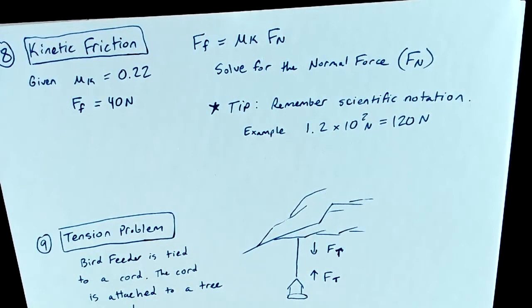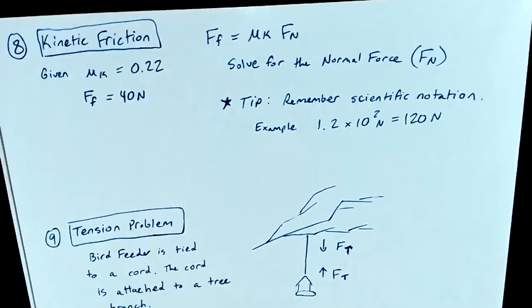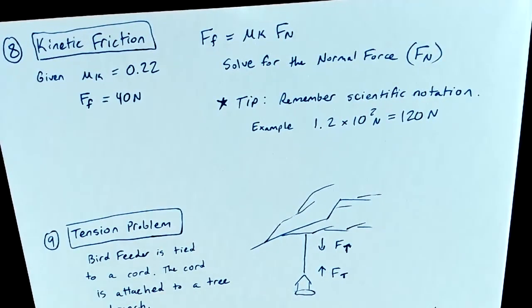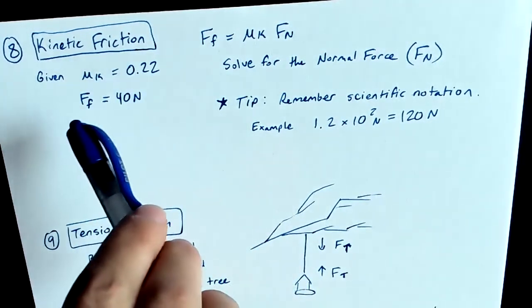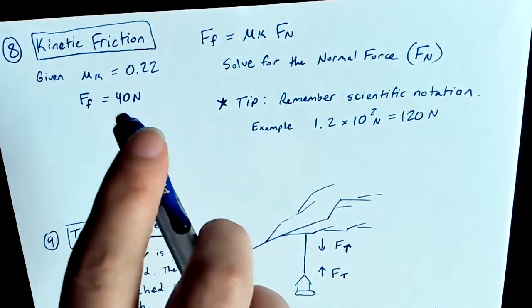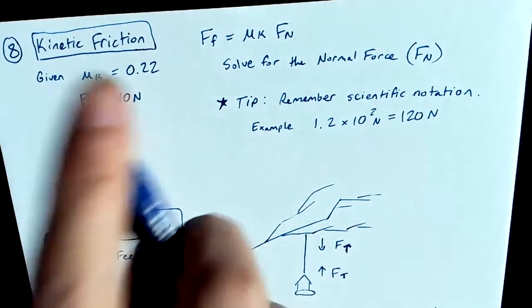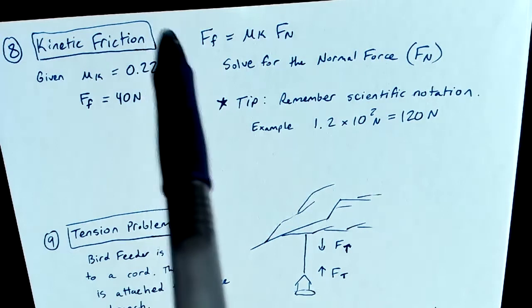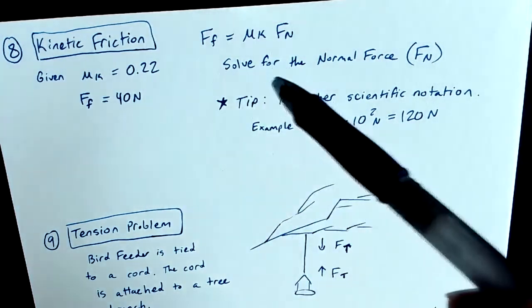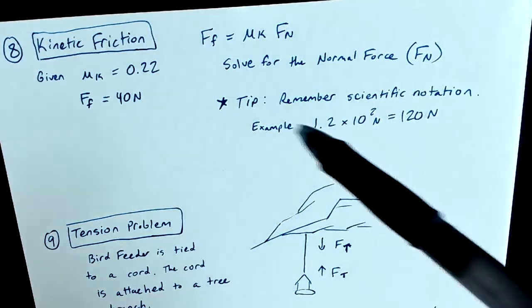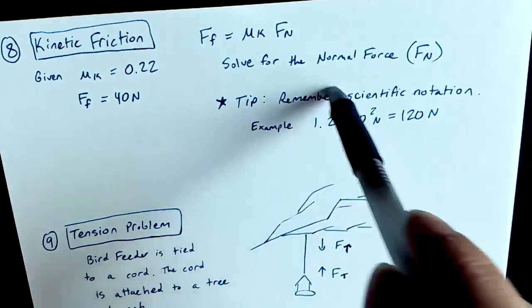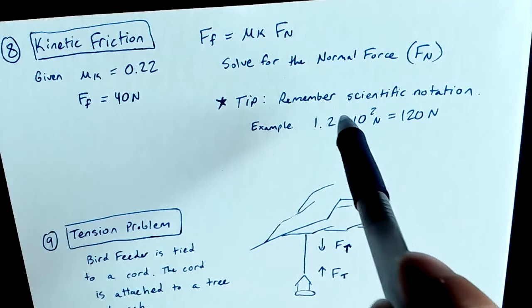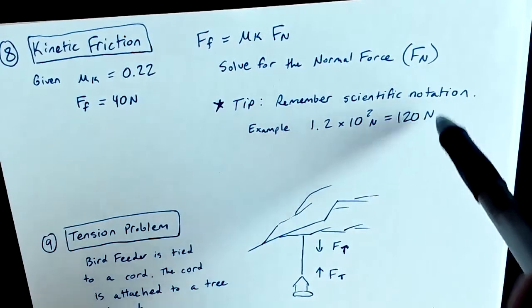And then our last kinetic friction question. You're given the coefficient, you're given the force due to kinetic friction already. And all you have to do is solve for the normal force. So a very similar setup to before, but key tip here, remember scientific notation.